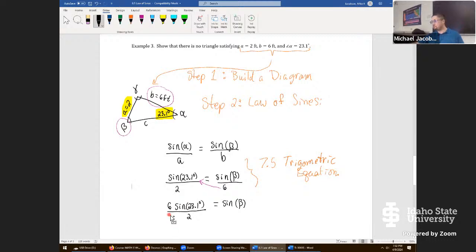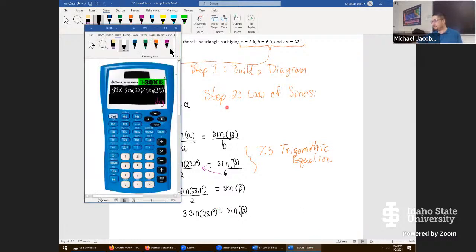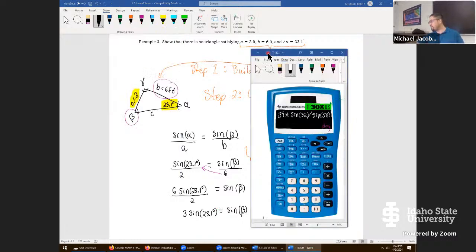Now, next stage, we can say this right here is 3 sine 23.1 degrees equals sine beta. And here's the step where we need to jam this right here into the calculator. So in our good old trusty TI-30 X2S, this is what it would look like. Nothing too major, just a 3. That doesn't look like 3 at all.